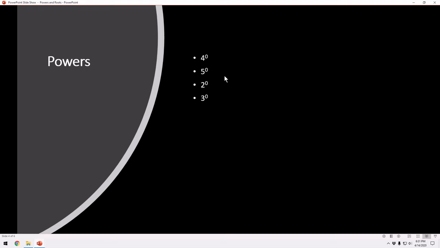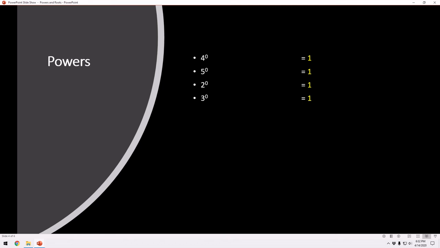This is very easy to get confused because anything that we multiply times 0 is equal to 0. But when it comes to powers, we have an arbitrary rule. An arbitrary rule is one that we just have to learn the way it is, because sometimes there's no explanation for it. 4 elevated to the 0 power, 5 elevated to the 0 power, 2 elevated to the 0 power: any number elevated to the 0 power is always going to be equal to 1.